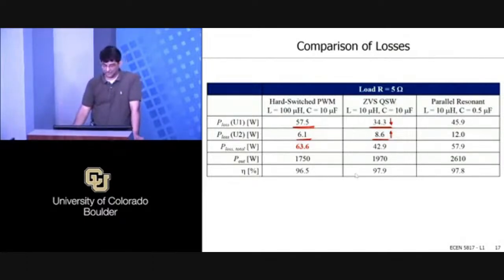And you see that right here. Overall, you do have an advantage in total losses. In fact, in this particular example, the zero voltage switching quasi-square wave converter actually turns out to be the best out of all three in terms of losses. So here's our winner.